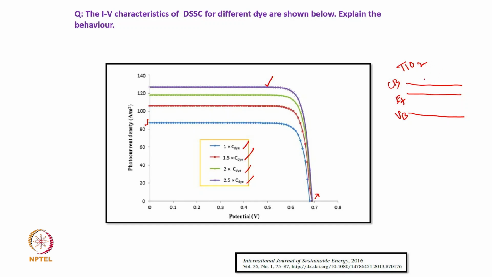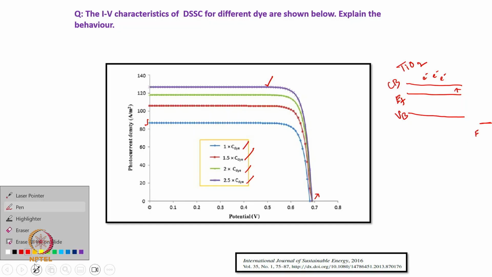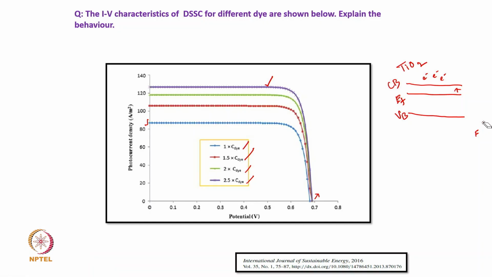If I have more electrons here because of higher dye uptake, then the Fermi level will go up, and this is the redox level. Okay. So, this is the difference, which is VOC. If the Fermi level goes up, then VOC, which is actually the difference of the Fermi level to the redox level, increases.